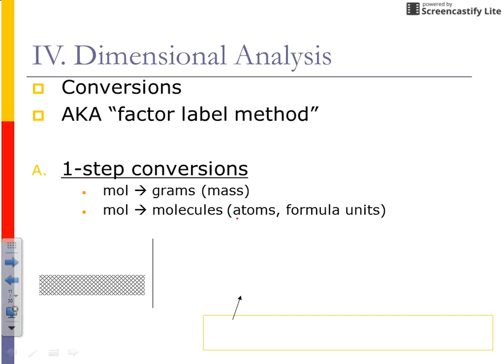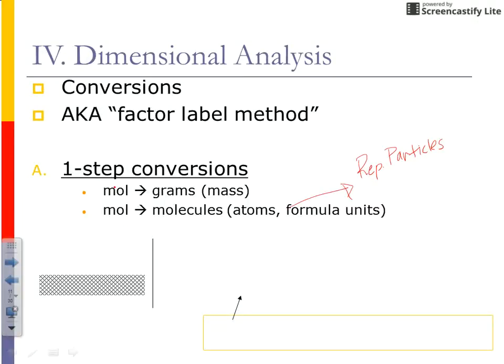Remember, molecules, atoms, and formula units are just our representative particles. We learned yesterday that molecules refer to molecular compounds, atoms refer to just elements, and formula units are specific to an ionic compound. But when you see any of these units, it's talking about our representative particles.